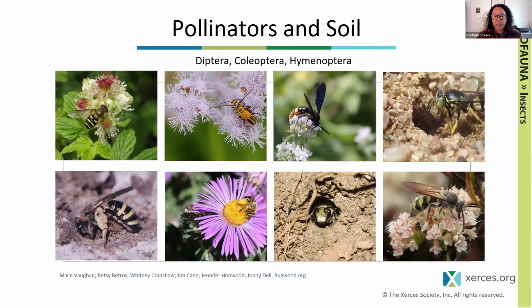The flower flies, also called hover flies or syrphid flies, their larvae can be decomposers, feeding on plant matter in the leaf litter. Some of the beetles, like these soldier beetles, have larvae that are predatory and also aid in decomposition too.